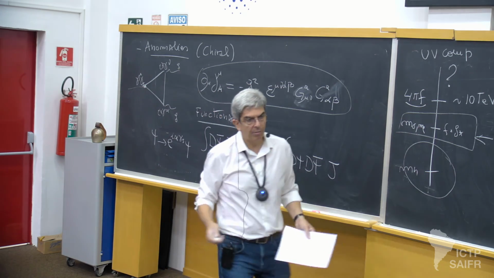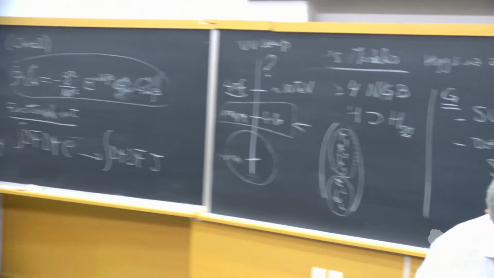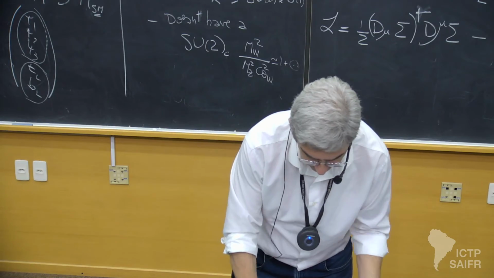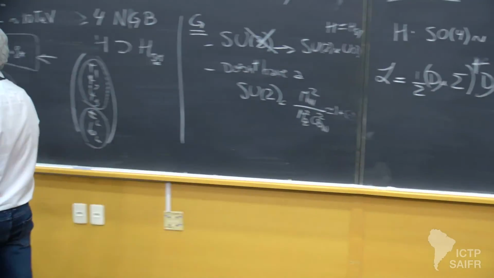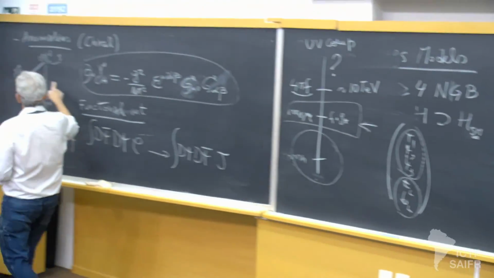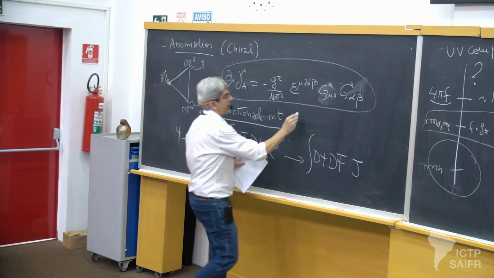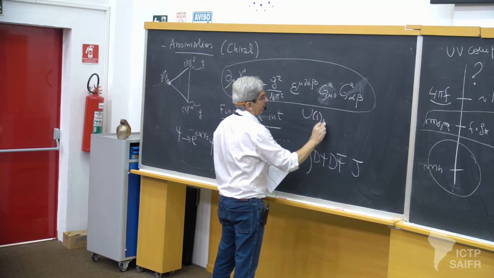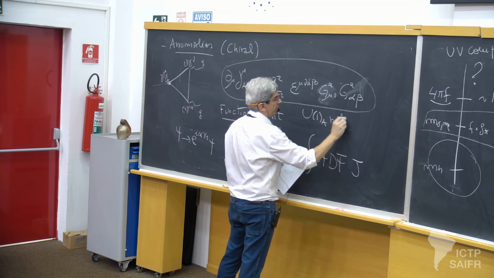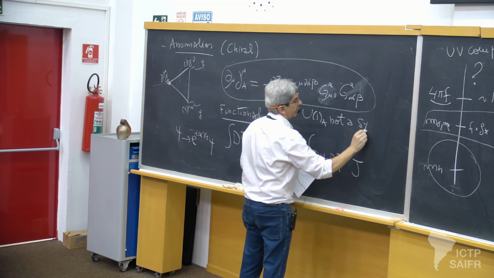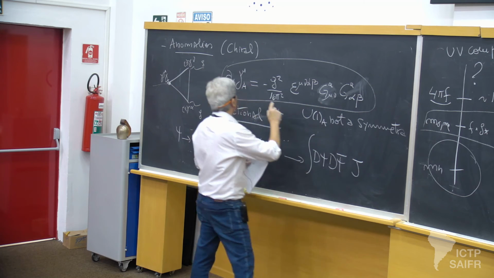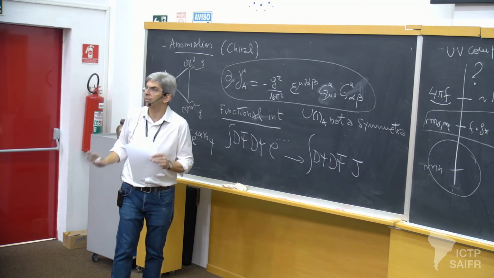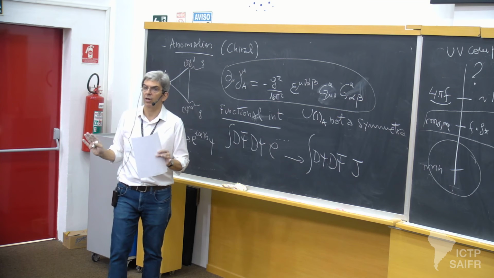Okay. Now, moving on real fast, this is why, for example, the U1 axial is not a symmetry, because it has an anomaly even in the absence of mass for the quarks, okay?